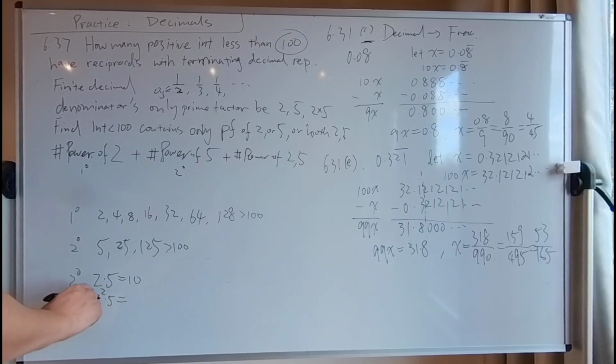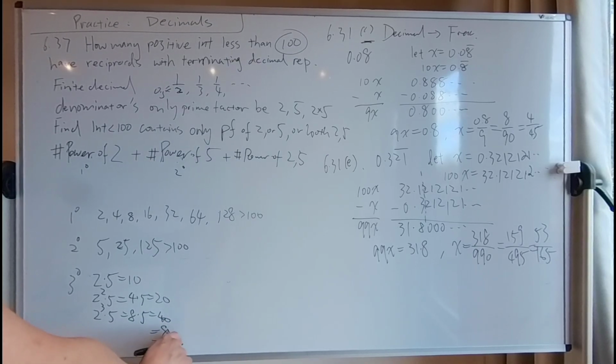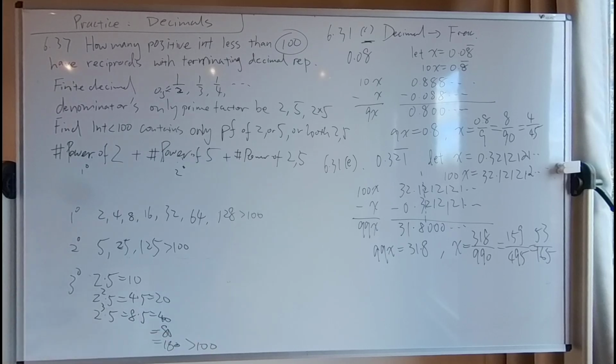So this is 4 times 5, that is 20. 8 times 5, 40. Right? I don't need to write the left-hand side. It's just keep multiplying by 2. I would have 80. And then the next will be 160, that is exceeding 100. So I stop here for increasing the power of 2.